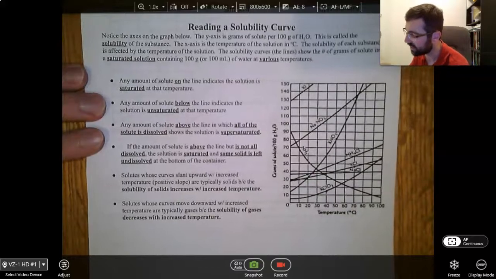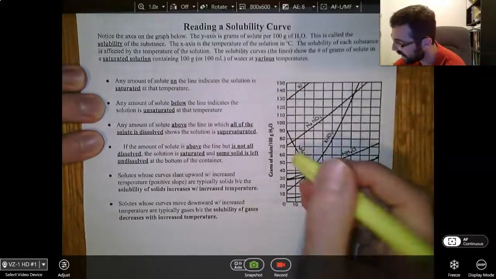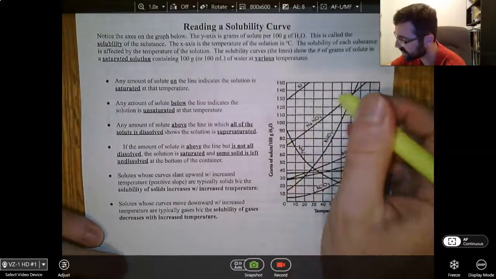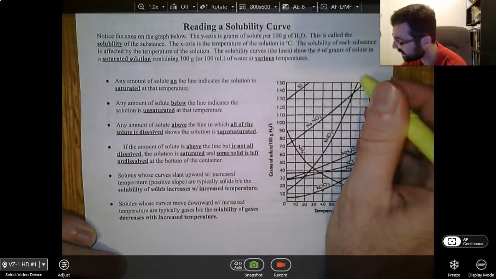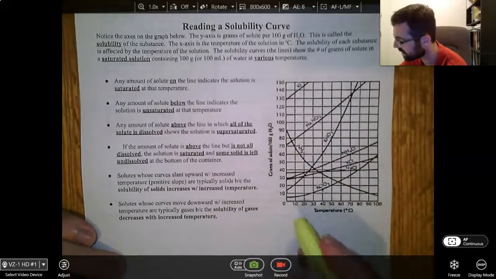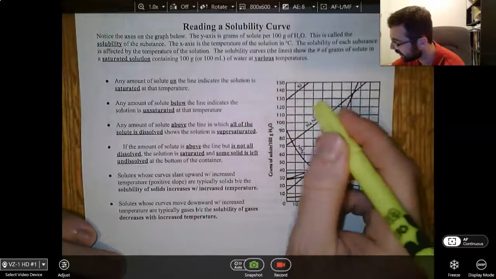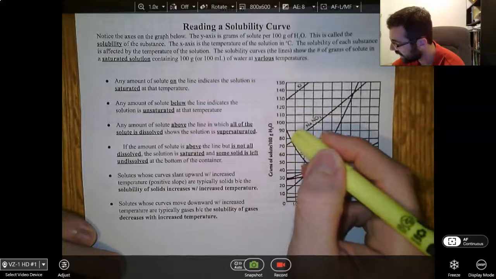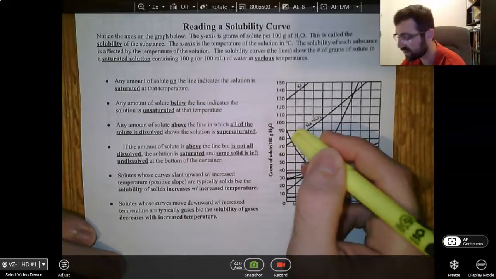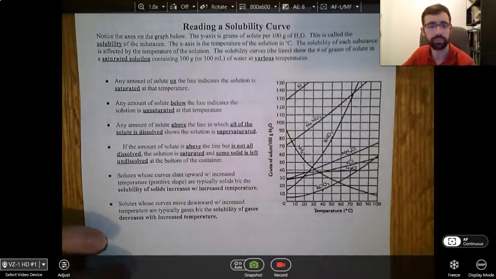At any given temperature, the line represents a saturated solution. So at 10 degrees Celsius, if I'm looking at sodium nitrate, I get about 80 grams that would dissolve in 100 grams of water.